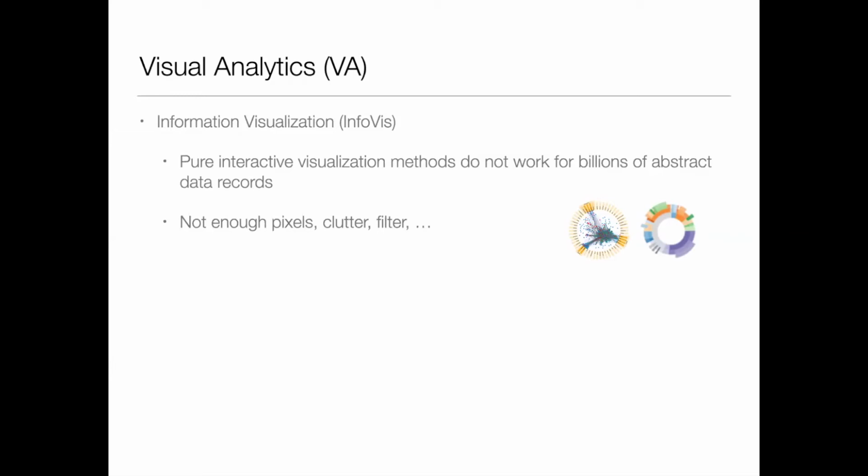Well, information visualization is this huge overarching area where we study how to visualize abstract data, right? By abstract data, I mean data that doesn't come with a very specific visual abstraction.